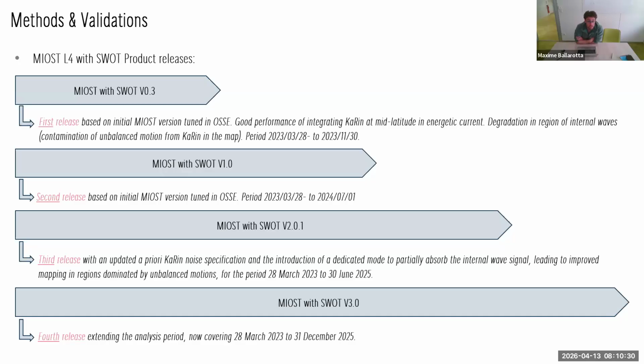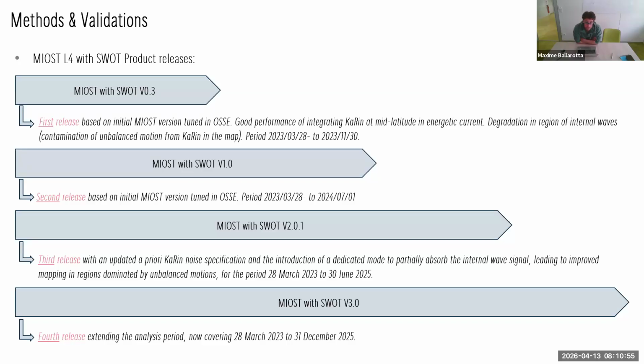Then for the second release, there was no significant upgrade in the system, but to improve it, we revisited a little bit the a priori noise level that we apply in the mapping system for the Karin instrument.